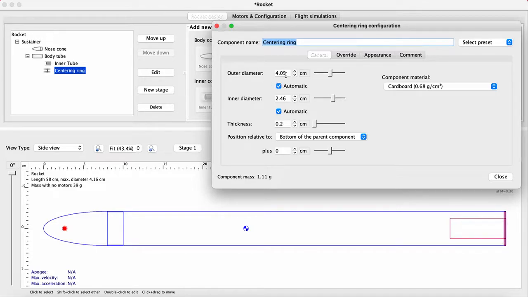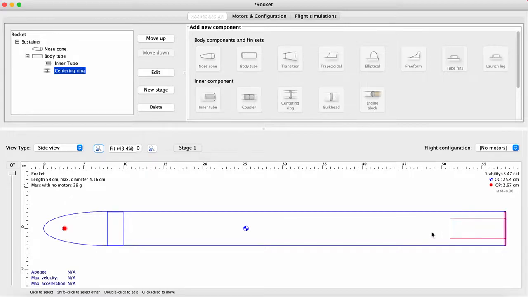And the outer diameter has to be the diameter of the body tube itself, right? So that it basically bridges the gap between the engine mount itself and the body tube. Okay, so that's cool, and we want it to be offset by 0. So I'll just leave that one there.